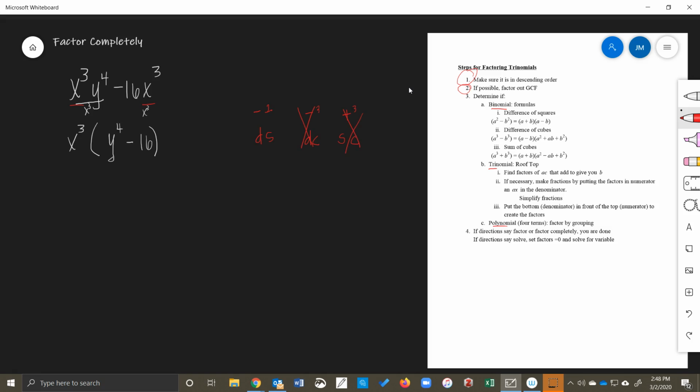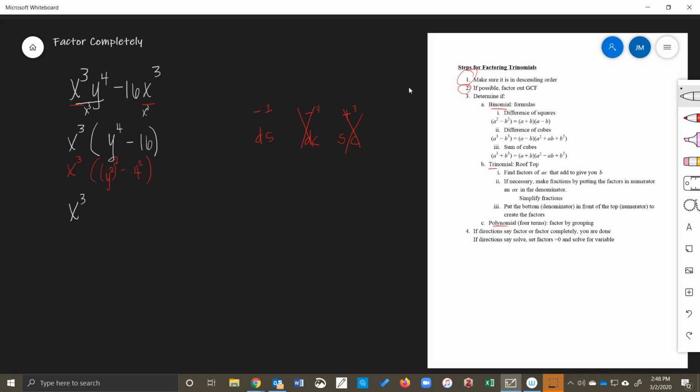And we look at the difference of squares. 16 is a perfect square, but is y to the 4th a perfect square? It actually is, because y to the 4th is y squared squared. Okay, it's pretty interesting, huh? So it does fit the formula.